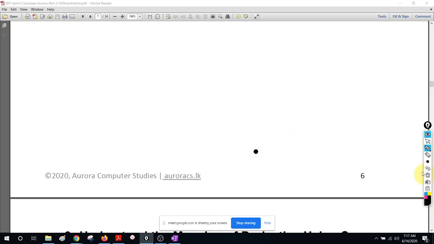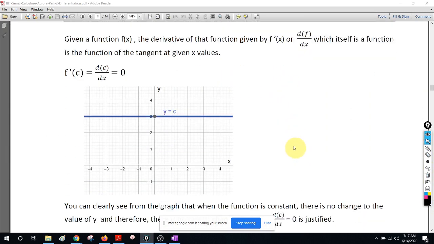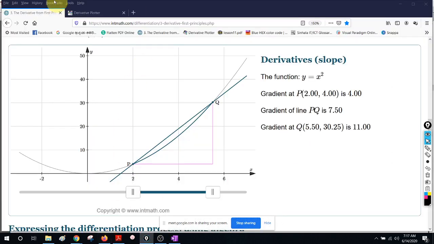So let's take a few examples to understand it. What I'm going to do is use this interactive tool from the MathIsFun site. So I will give you the link below.